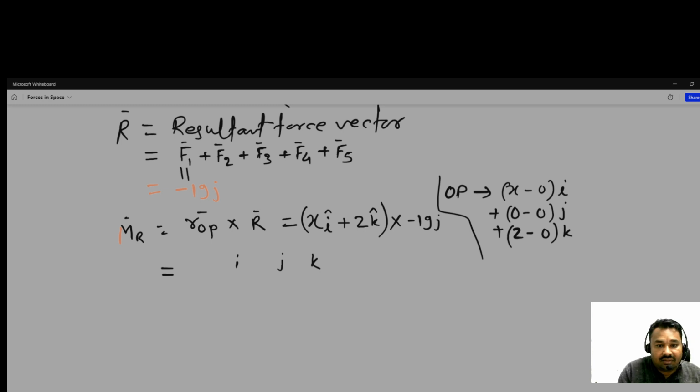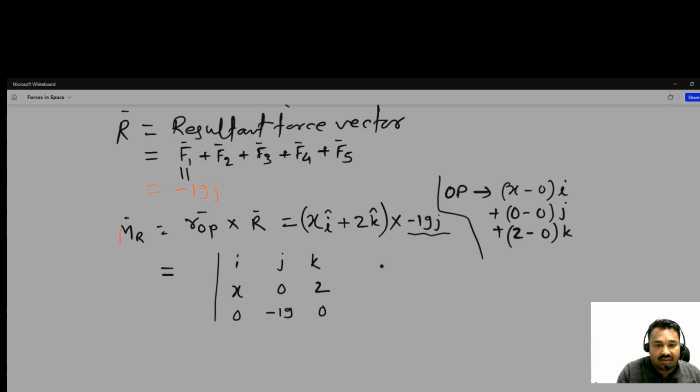Okay, so x we have to write, and there is no y coordinate, that's why 0, and it is z. And what about the resultant? So it is in j direction, means y axis. So that's why x axis will be 0, in y 19, z is equal to also 0. Okay, because the resultant lies in only y axis.